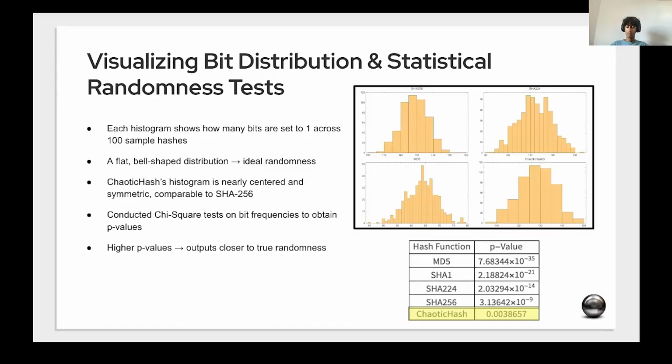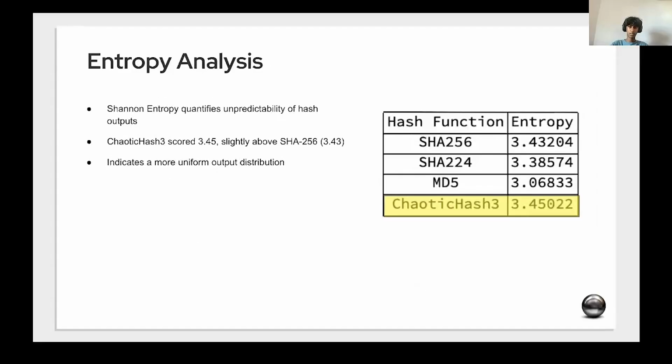As for our results, we noticed that chaotic hash did remarkably well in bit distribution, with a p-value 6 orders of magnitude higher than SHA-256. So we can see that the double pendulum prehash actually helps to improve the randomness of the hash function.